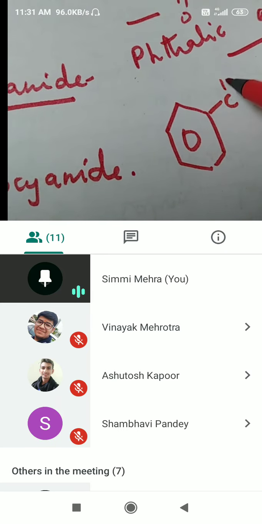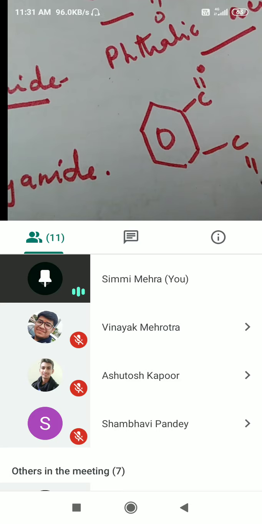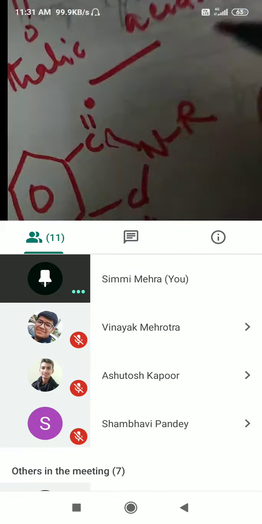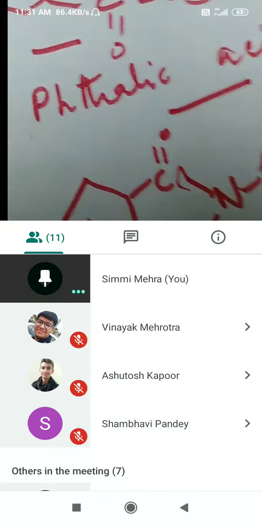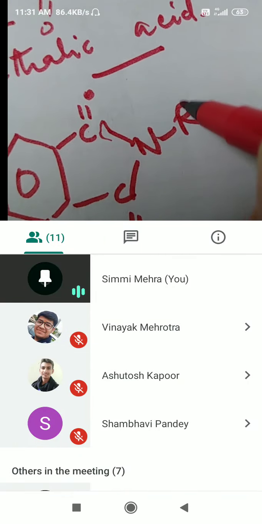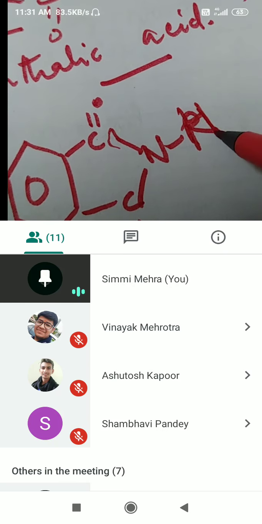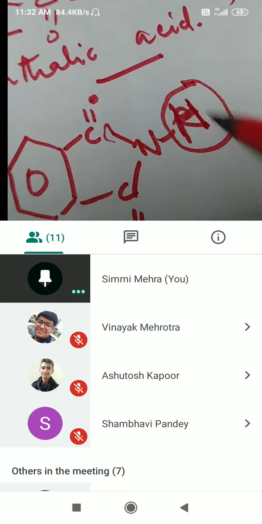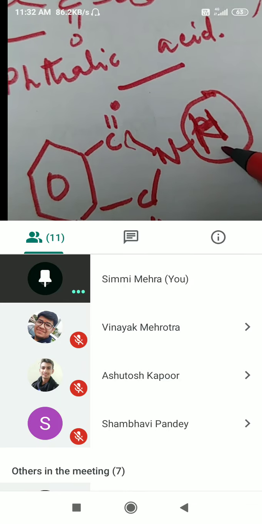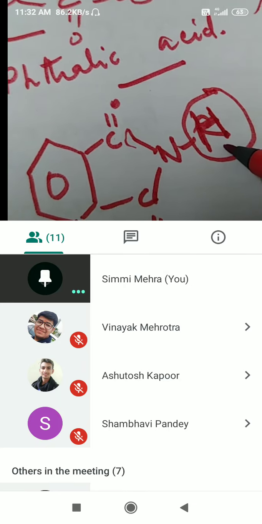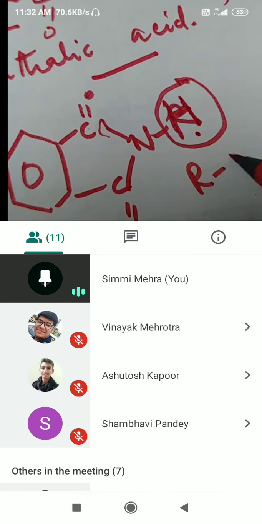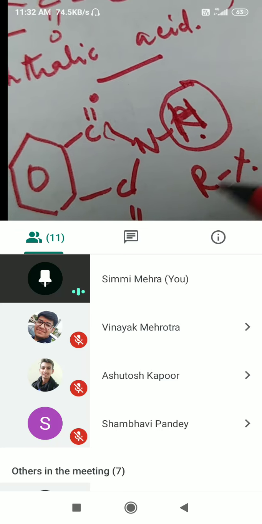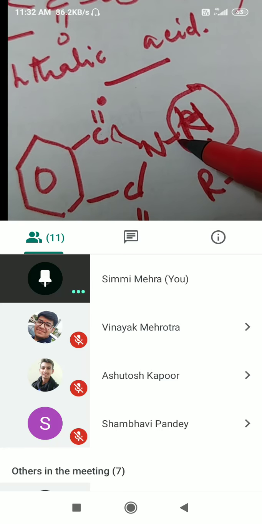It will be C double bond O, C double bond O, and N and H. It is not R, it is going to be H. Now this hydrogen will be replaced by an alkyl group in this particular reaction. For that we will have to treat it with alkyl halide. So HX will be lost and the alkyl group will take its place.